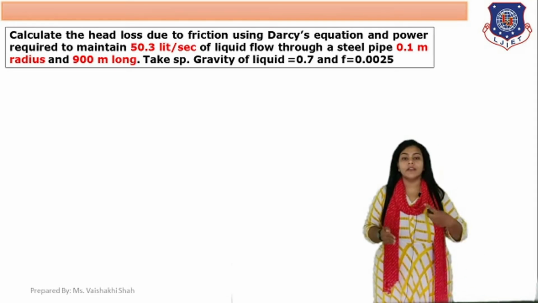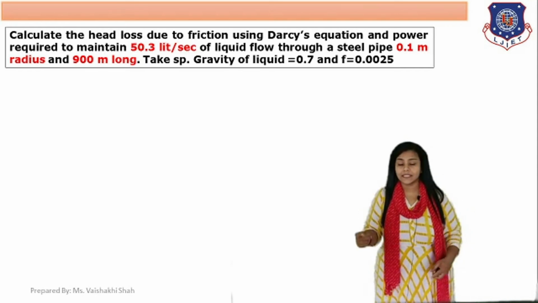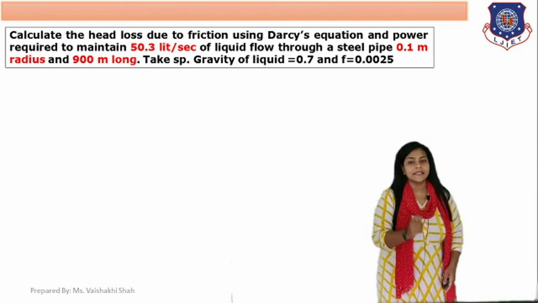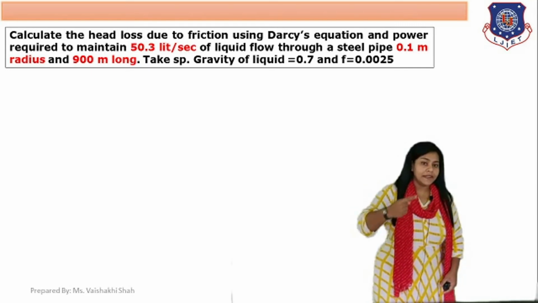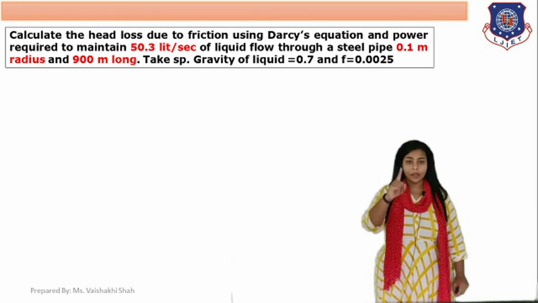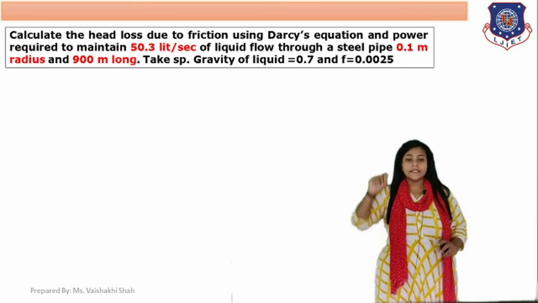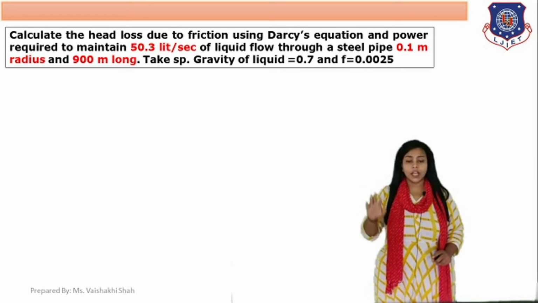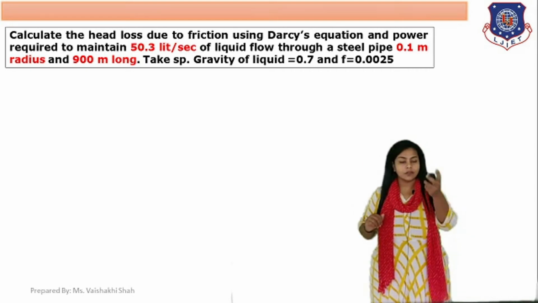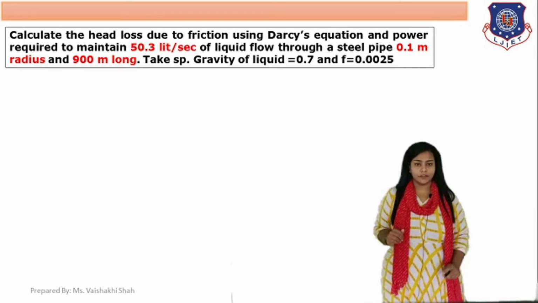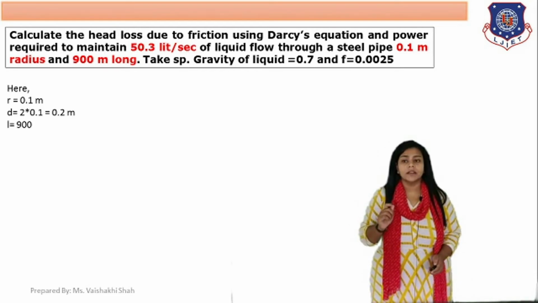The discharge of liquid is 50.3 liter per second. Fluid is flowing in a steel pipe of radius 0.1 meter and length 900 meter. Specific gravity of liquid is 0.7 and F is 0.0025.